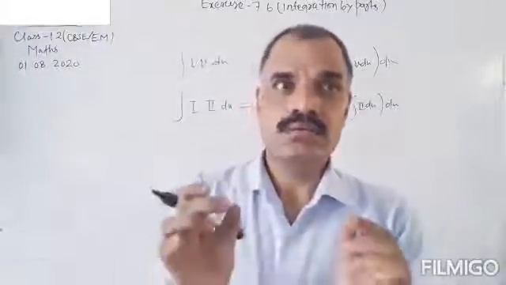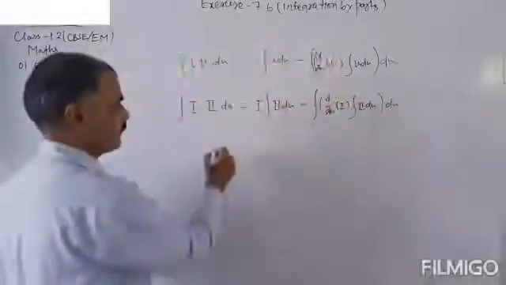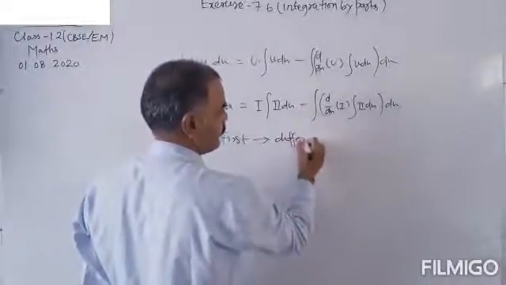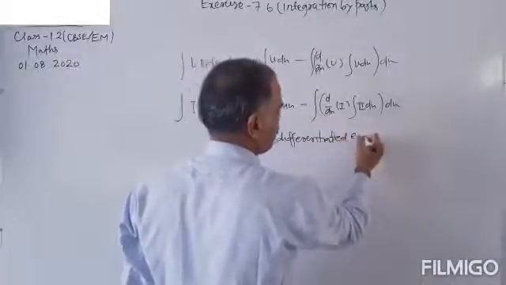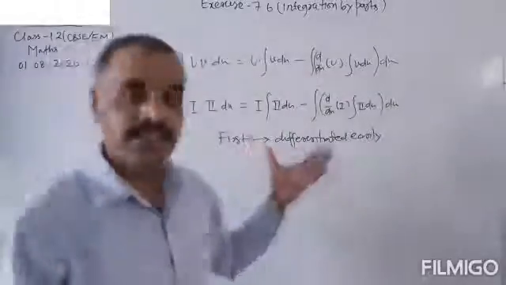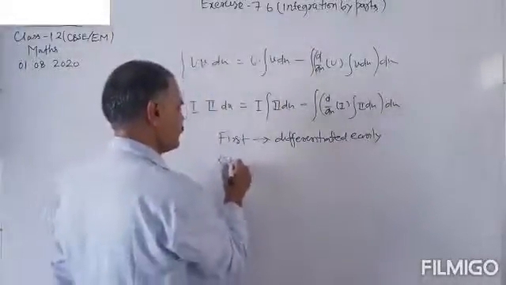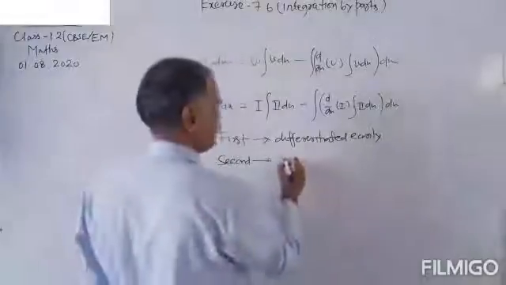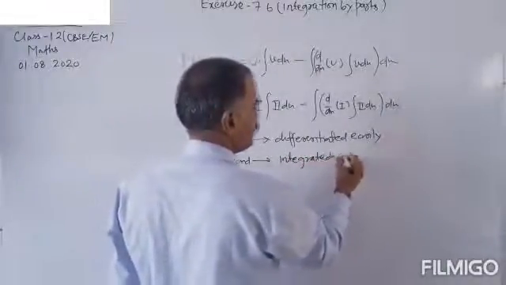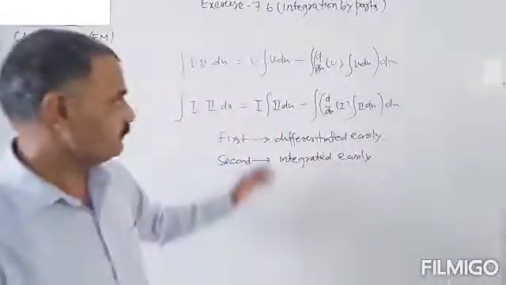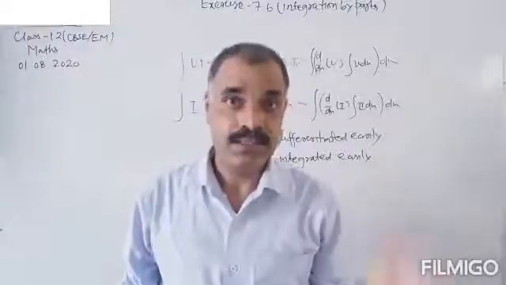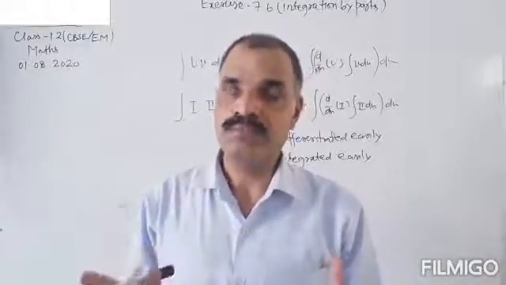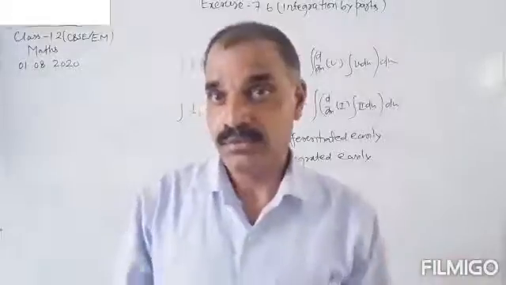The main thing is that the first function should be one which can be differentiated easily, and the second function should be one which can be integrated easily. So the first function we will choose is the one which can be differentiated easily, and the second function we will choose is the one which can be integrated easily.